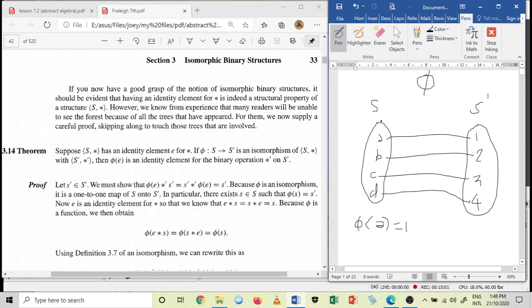But if we would now be talking of binary structures being isomorphic, we now consider an operation for each set. If we have an operation asterisk in the set S, so we define a binary operation here so that it becomes a binary structure, and we also have an operation asterisk prime in S prime.